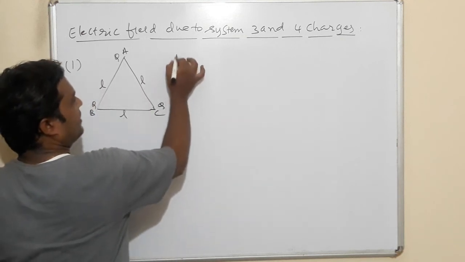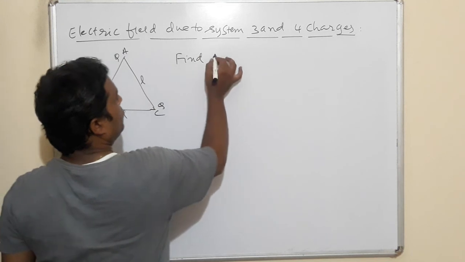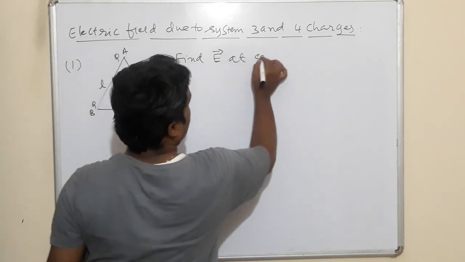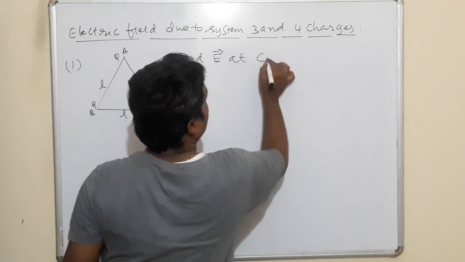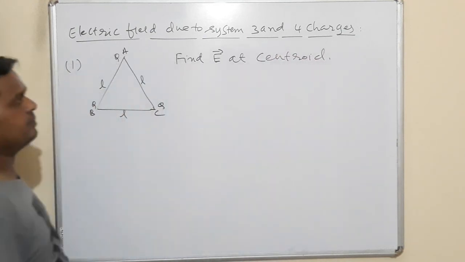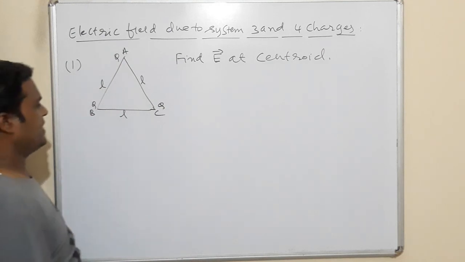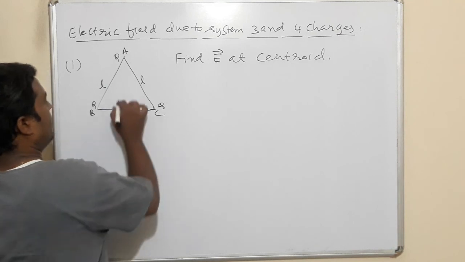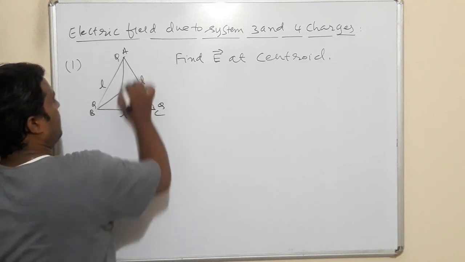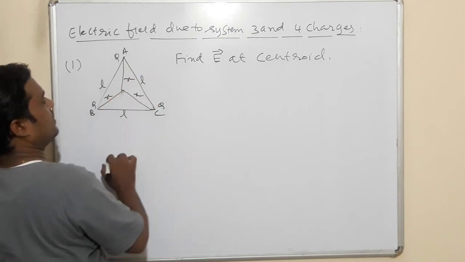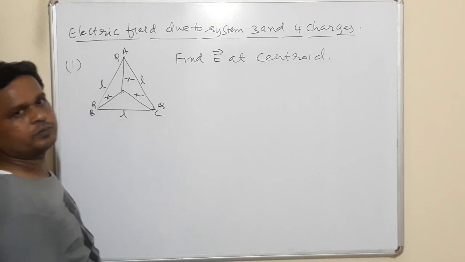Then they are asking you to find E, the electric field intensity at the centroid. It's very easy. You can see at the centroid, let us say this distance is x, the same for all the 3 charges.